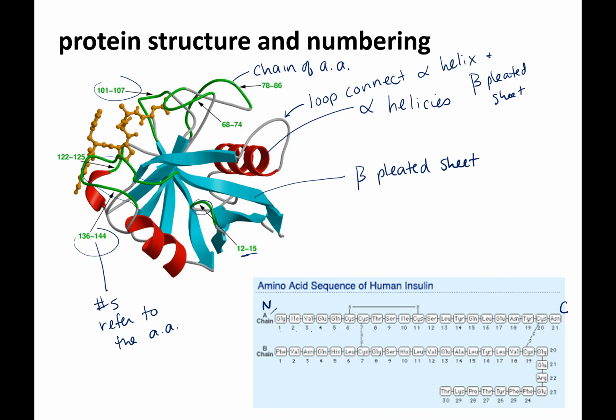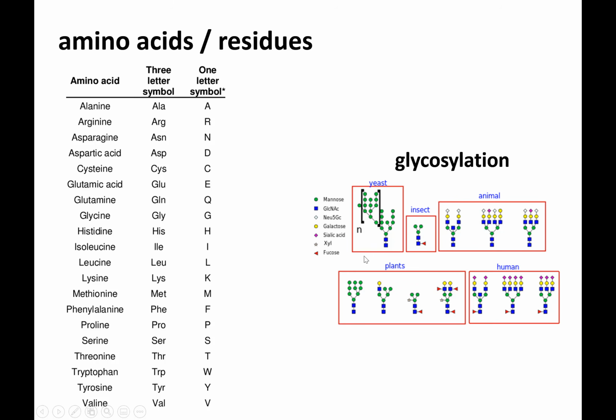These are amino acids 101 to 107. If you stretched this out, you would have 1 till, I don't know how many there are in this one, let's say 200, and that's how they're numbered. And the numbering is important, especially for us, because they talk about changing specific amino acids. So you might want to keep this chart around.